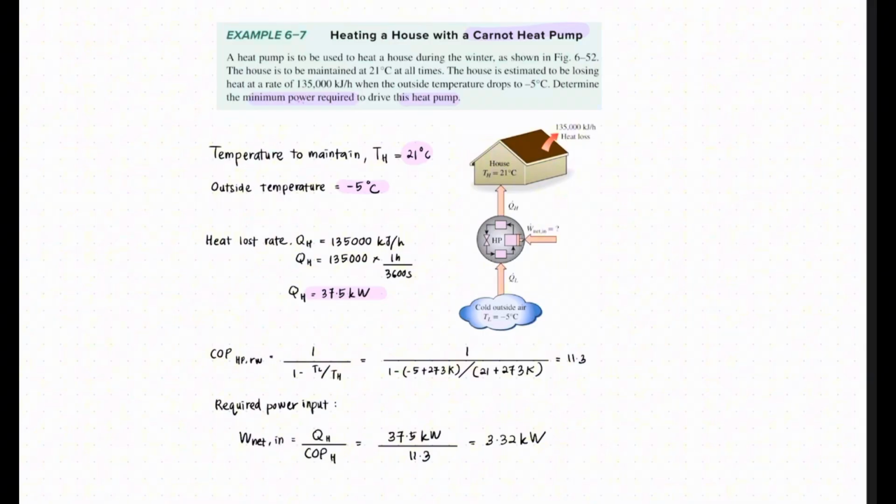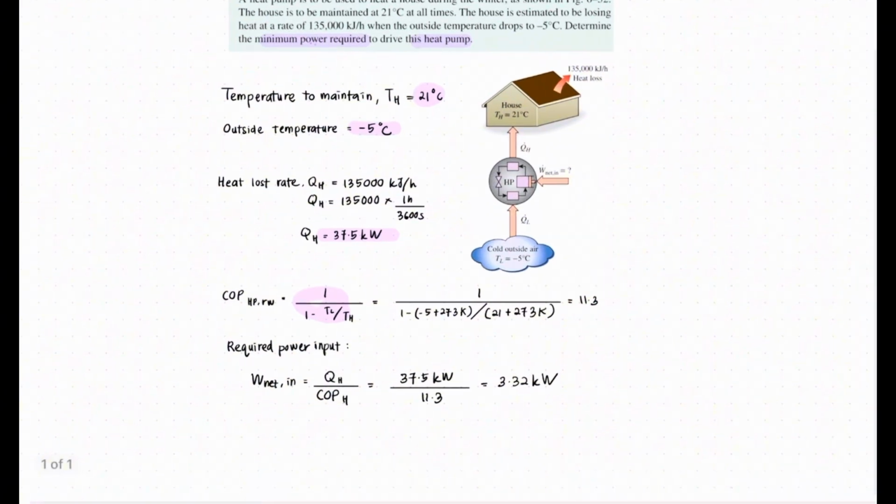First of all, we have to find the coefficient of performance of the heat pump by using this formula, and then we substitute the values given in the formula, and we get a coefficient of performance of 11.3. Then we can find the required power input with the formula given, which is QH over COP_H.